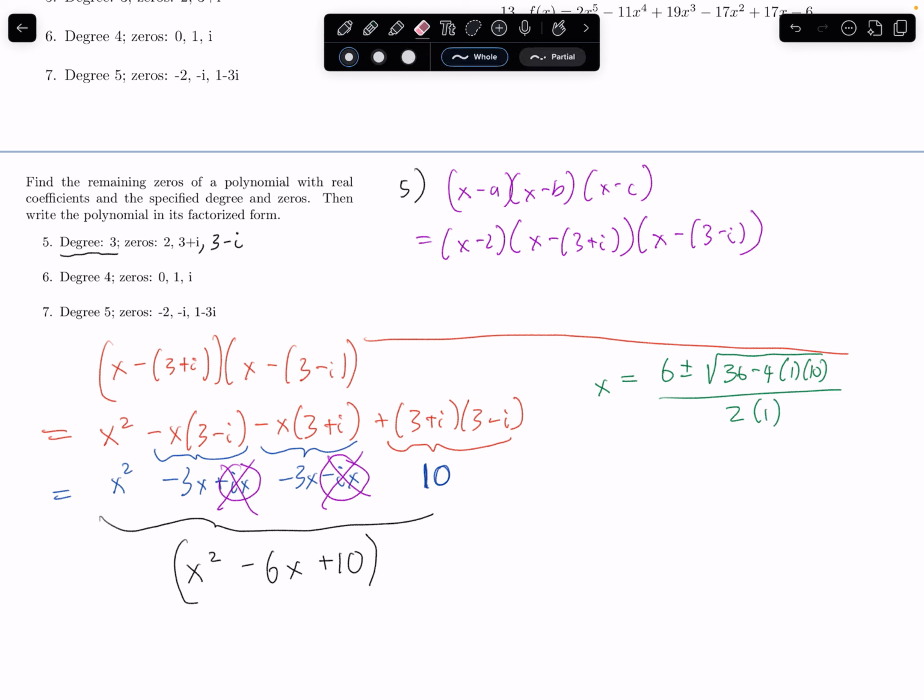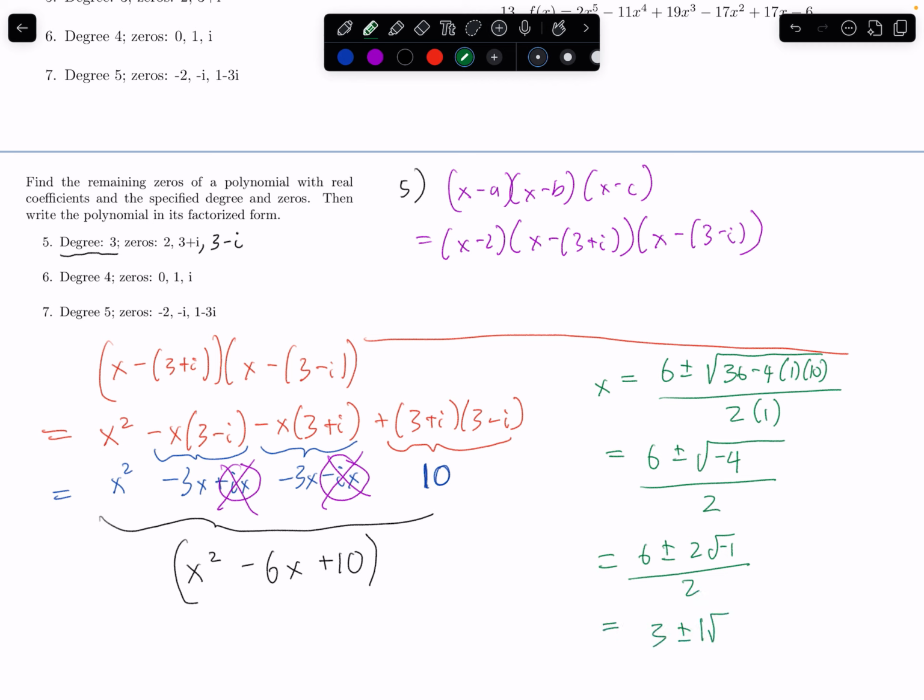Okay, that is 6 plus or minus the square root of negative 4 over 2. And the square root of negative 4, that's 2 square root of negative 1. Everything is divisible by 2, so it's 3 plus or minus 1 square root of negative 1. Or I don't need that 1 anymore because it's just 1, right? And what is square root of negative 1? It's i. So it's going to be equal to 3 plus or minus i.